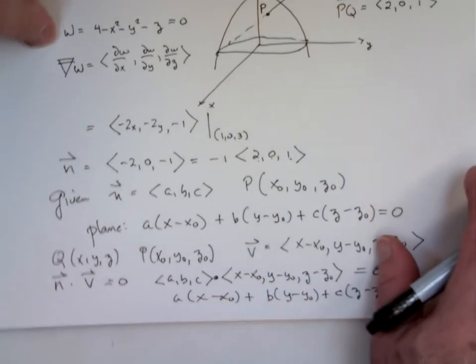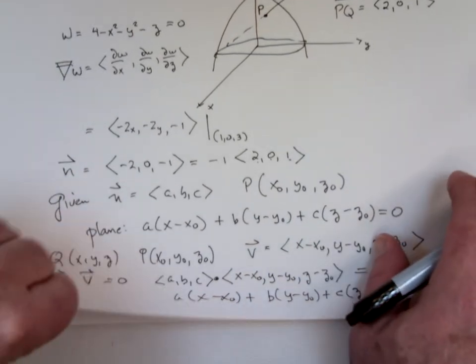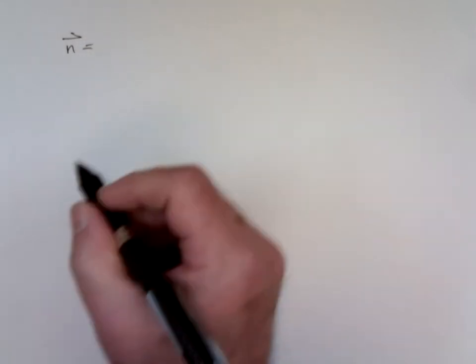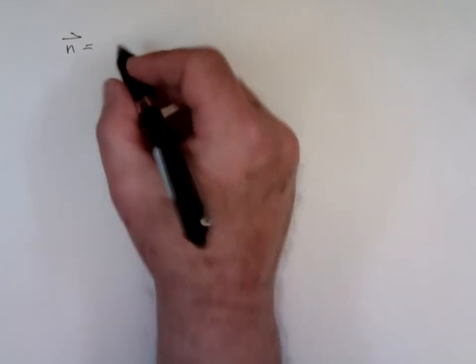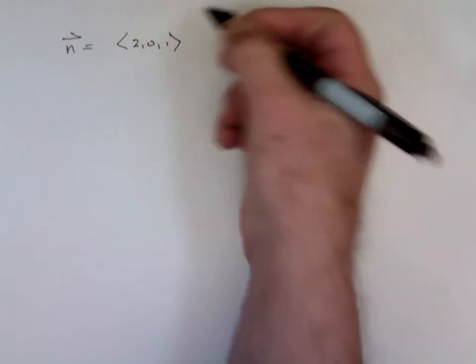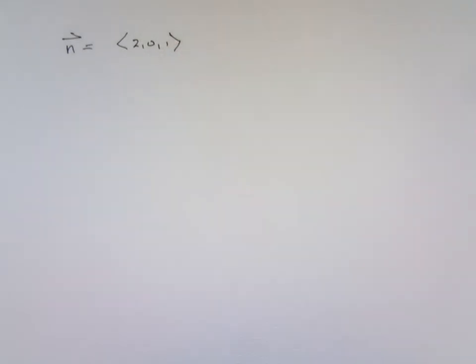I'll go to another page. What do we get? Well, we have our vector. Our normal vector, we said, was -1 times 2, 0, 1. It doesn't matter if we take the -1 inside or out. I'll use 2, 0, 1. We have our point.